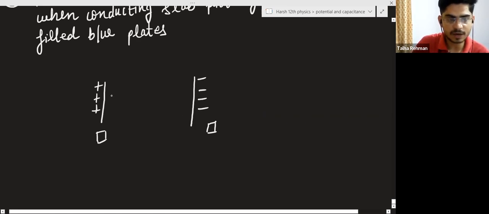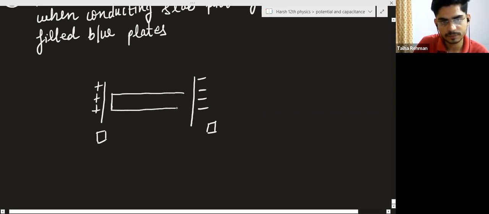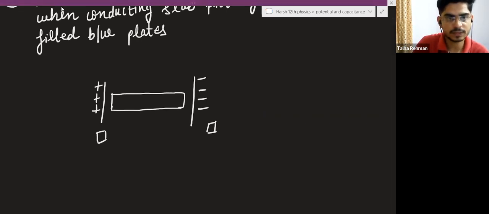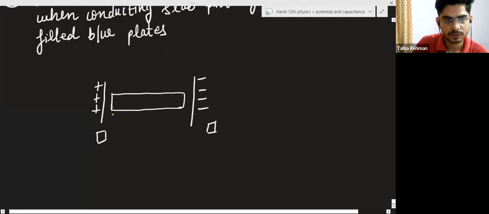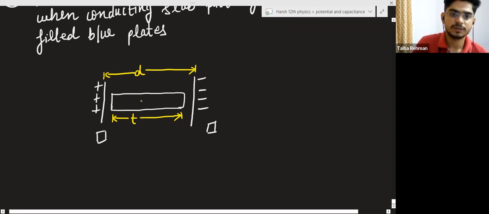And this time a conducting slab of thickness t, and the distance between the plates is d. This is the conducting slab.